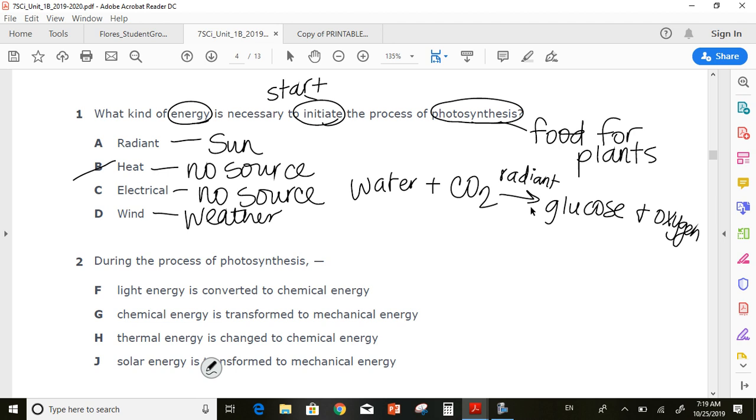Okay, if we don't have radiant energy, then we can't have this process happen. So our best choice is going to be A. Alright, let us move forward.